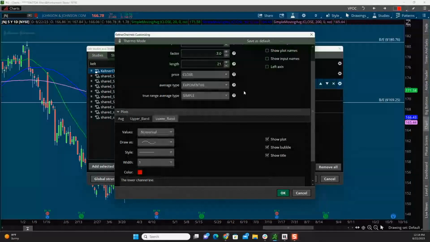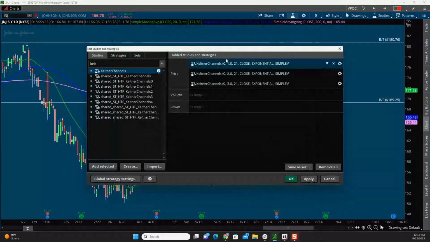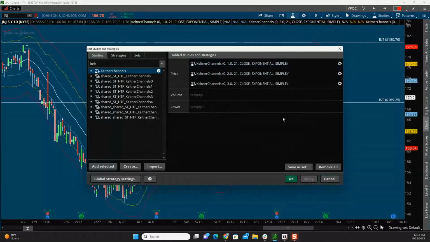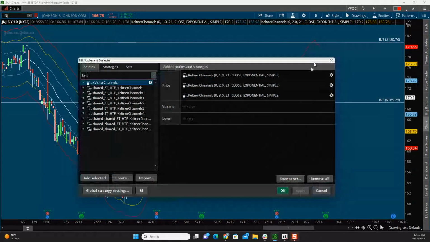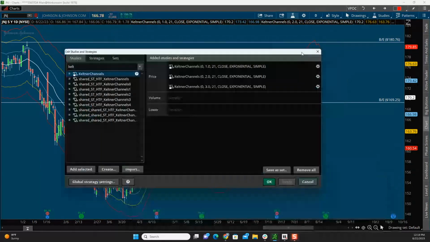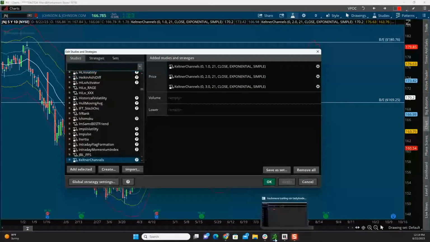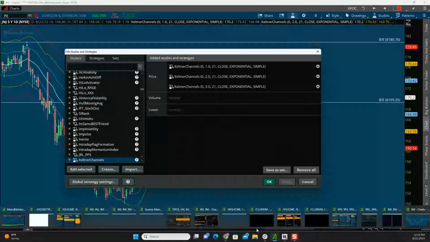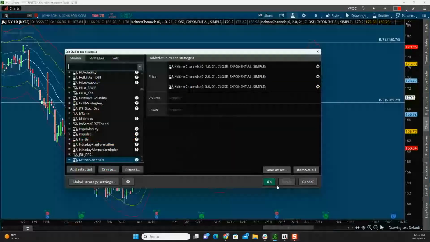So I use that as red. Once you have this on, once you hit apply, boom, there you go. See how they're on the chart now? All right, now from here, since there is a whole lot going on in this chart, I might as well move it over to the side. Oh, hold on.